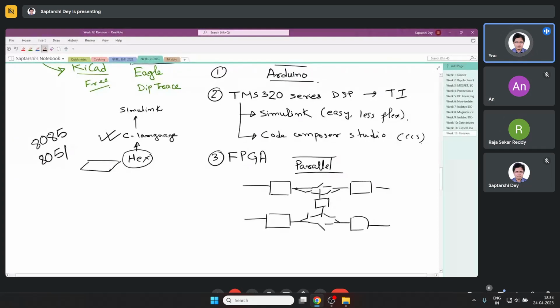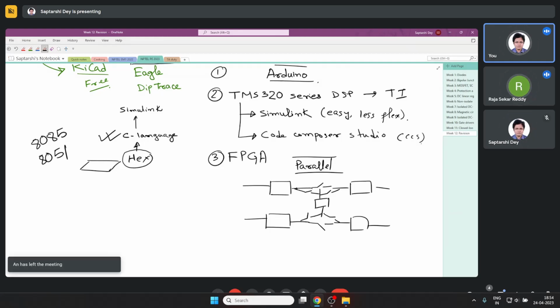This is a microcontroller, the 8051. So these things are serial processors. There is one address pointer or something, I forgot the terms, that goes one by one and keeps executing the commands that you have given. So there is a potential delay. TMS320 and all, what they do is they make the process so fast that it looks like parallel processing. But FPGA is a real parallel processor.